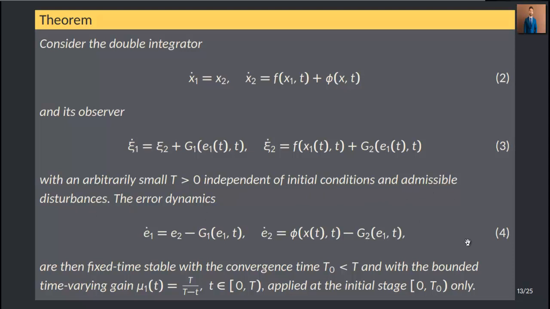The error dynamics 4 are then fixed-time stable with a convergence time capital T sub 0 lower than capital T, and with a bounded time-varying gain mu1 applied at the initial stage 0 to capital T sub 0 only.